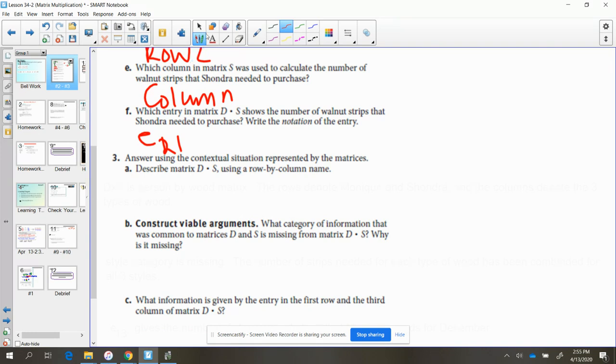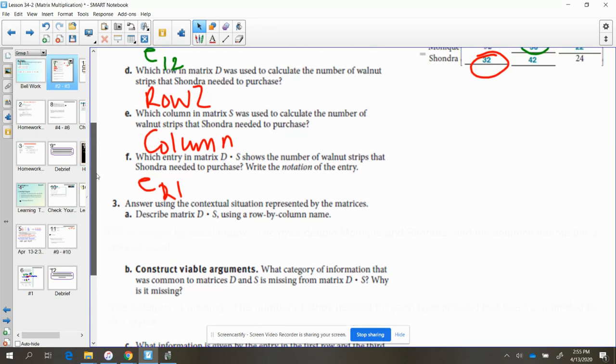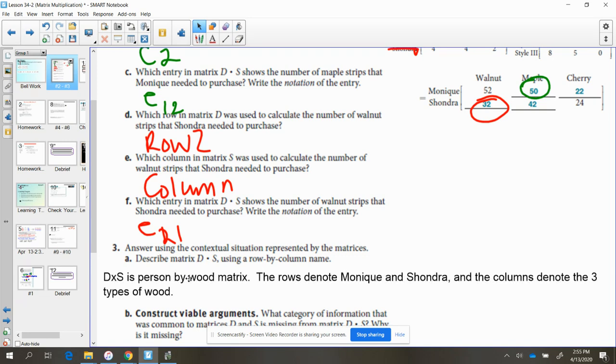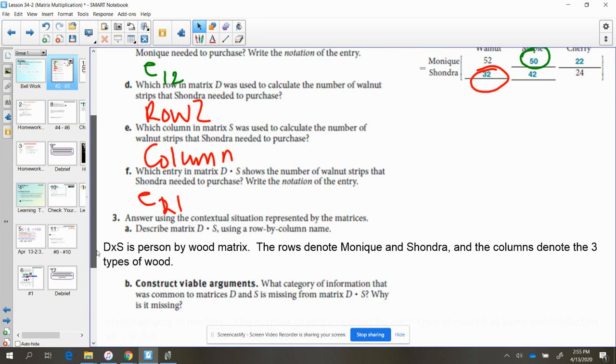Okay, so just to talk a little bit about this situationally, if we're talking about the D times S matrix, using a row by column method, here's that product, D times S. It is the person by the types of wood that the matrix is representing. So the rows denote which person we're talking about, and the columns are talking about the types of wood.